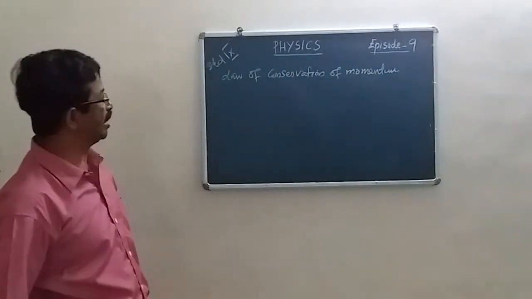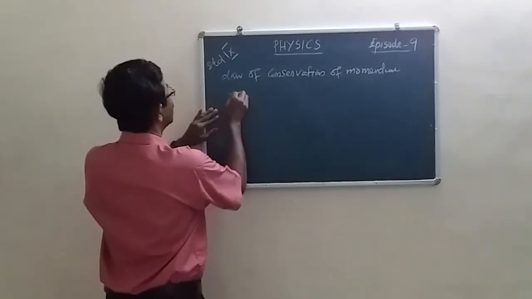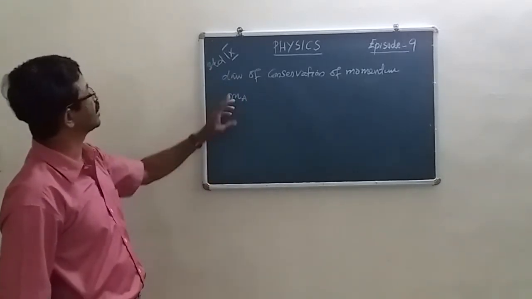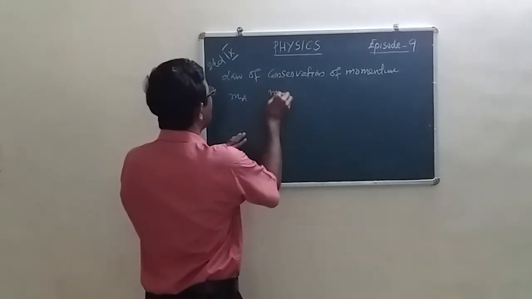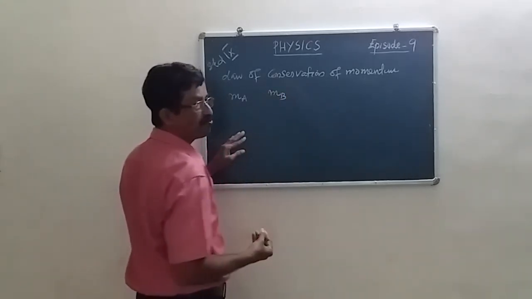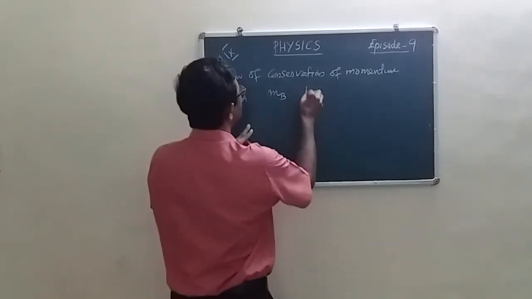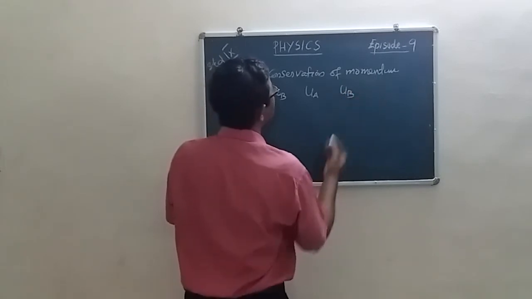Suppose we take two objects. First object A of mass MA. Now another object B and its mass is MB. These two objects are moving with velocities UA and UB.